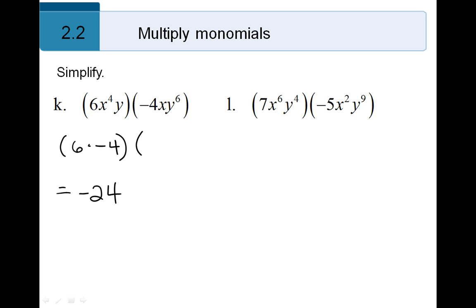And now we have an x to the fourth times x to the first, so that's going to be x to the 4 plus 1. That will give us x to the fifth power. And then we have y to the first times y to the sixth, so that's y to the 1 plus 6. So that will give us y to the seventh. So our answer is negative 24, x to the fifth, y to the seventh.